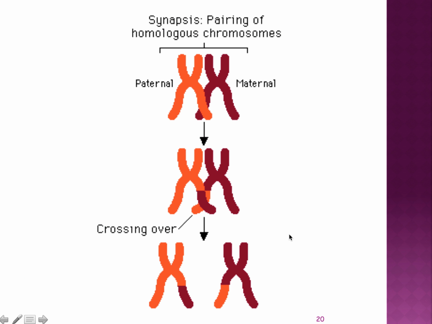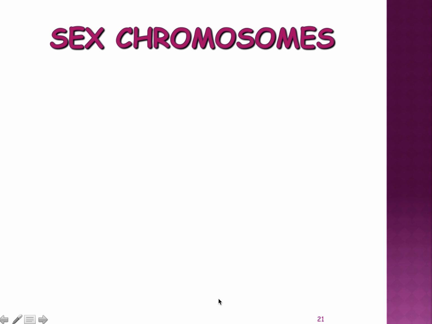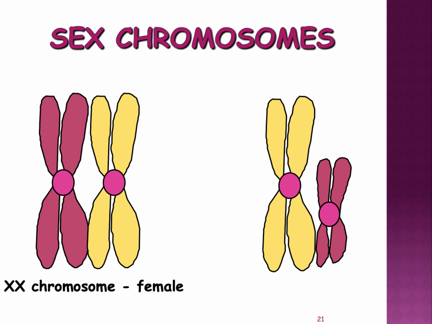Okay, so synapsis is the beginning process, when we have the pairing of homologous chromosomes, but then crossing over is happening at this chiasma or chiasmata, and then we have genetic recombination. Like I mentioned before, we have 22 autosomes, but we have one pair of sex chromosomes.